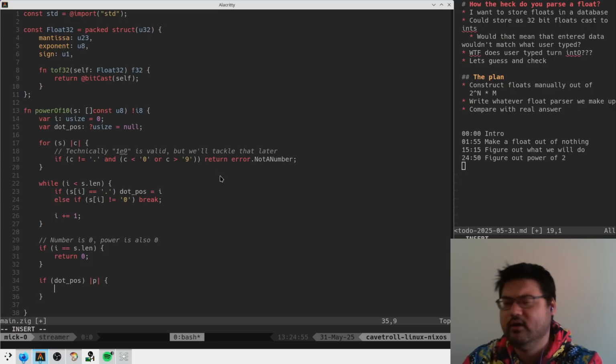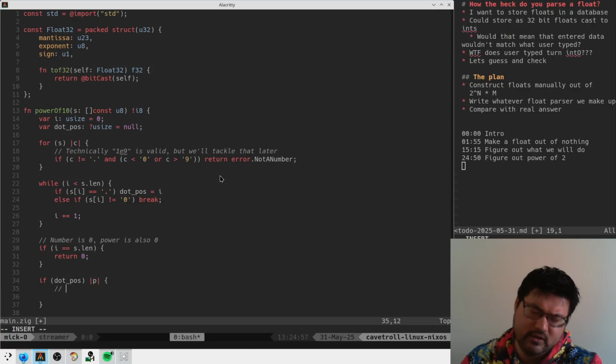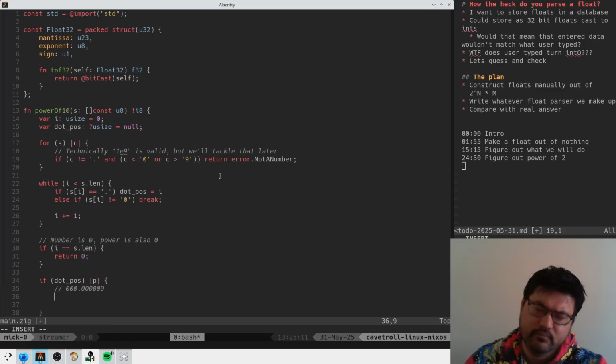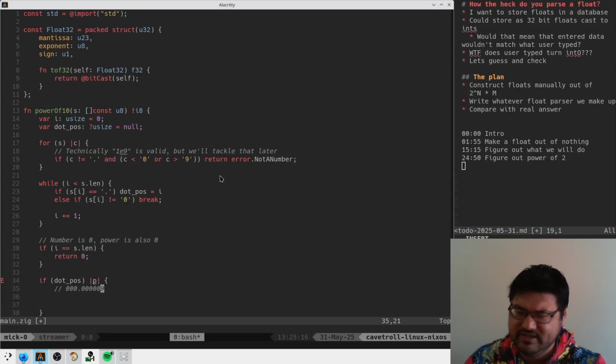So here this is some number that's like some amount of zeros followed by a dot, followed by some more zeros, then a digit, right? So here we know that I is this 9. So this position is like 0, 1, 2, 3, 4, 5, 6.